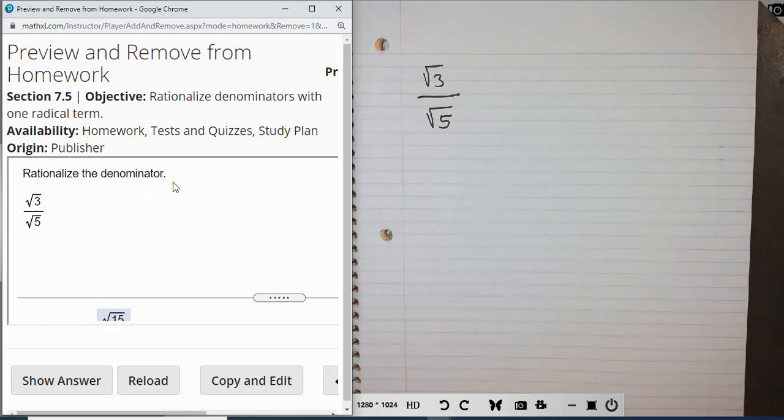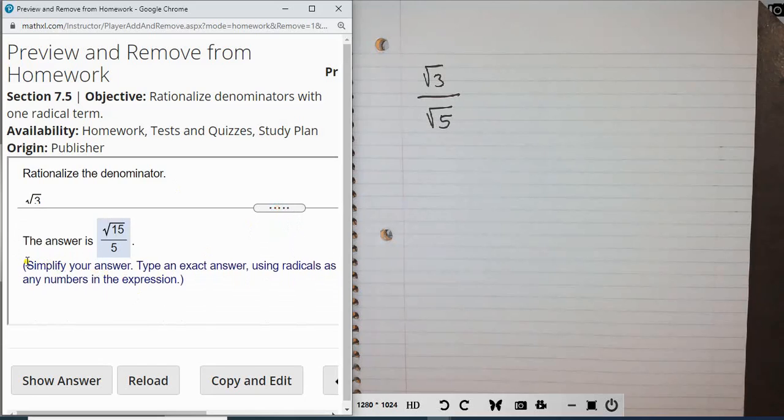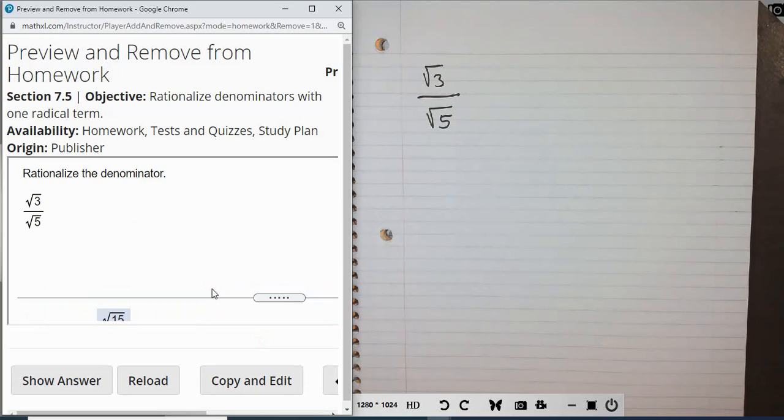All right, so probably the best place to start on this one is just to go down here and look at the conditions and how they want us to enter the answer. Simplify our answer. Type an exact answer using radicals to represent any numbers in the expression. So that's where we should start.